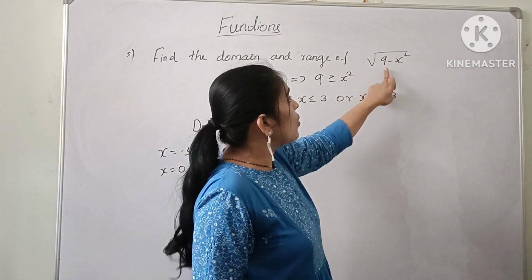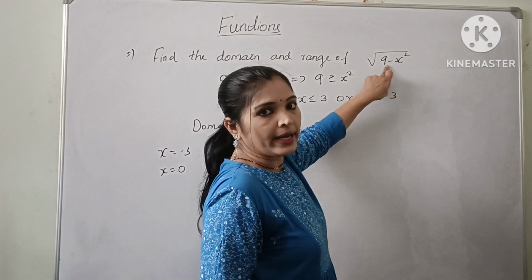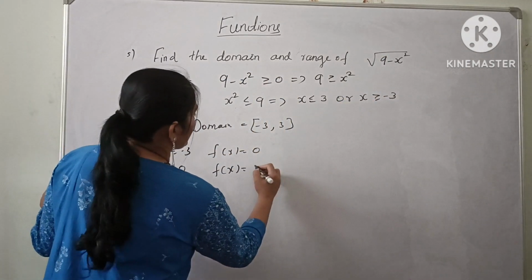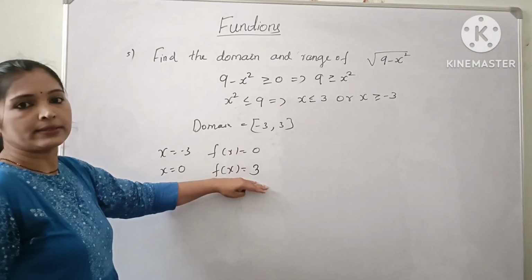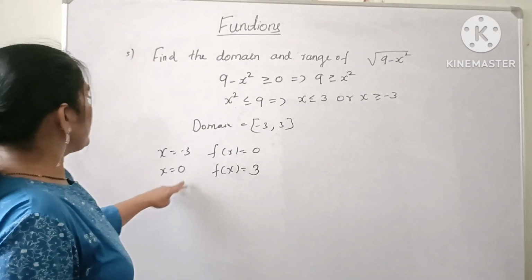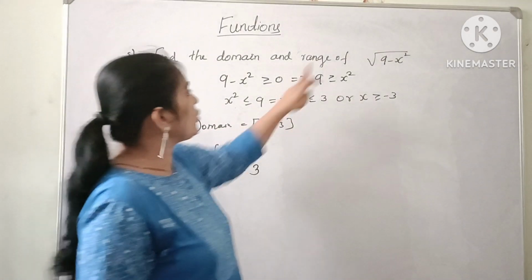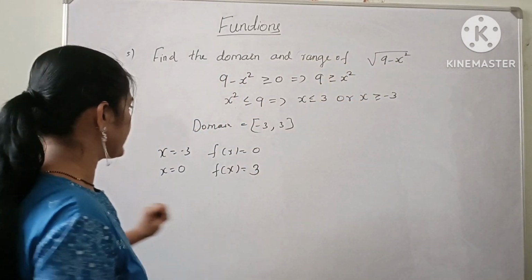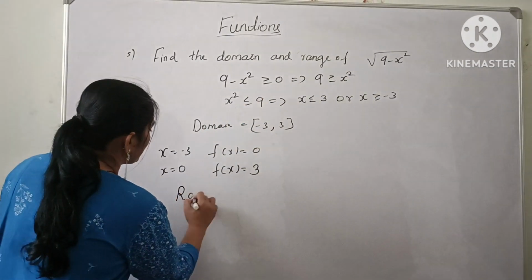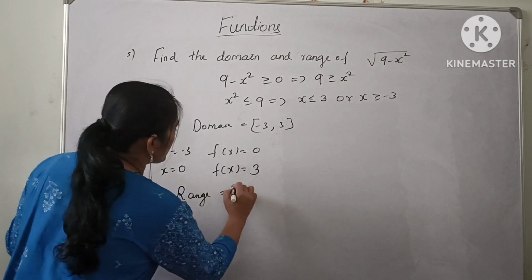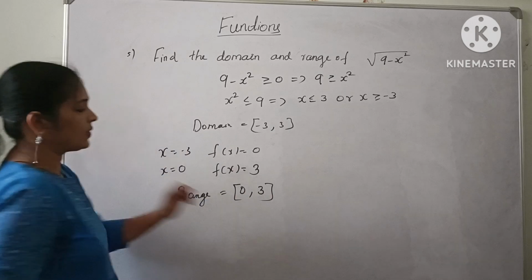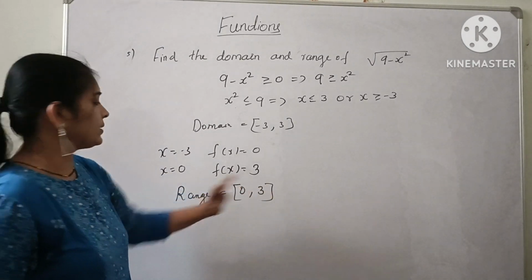When x is equal to 0, 9 minus 0, 9. Okay, square root of 9, 3. So it is 3. Okay. So here, when x is equal to 3, what will you get? Same thing, right? That is square root of 0, 0 itself. So range is nothing but 0 to 3. Okay, from 0 to 3.